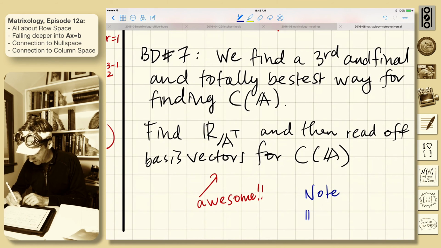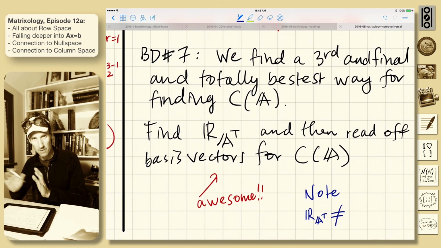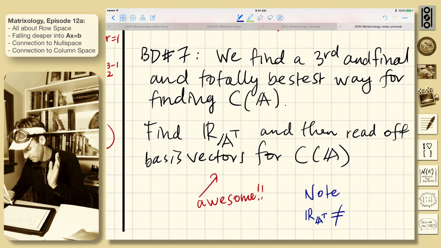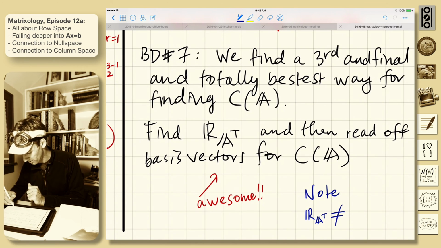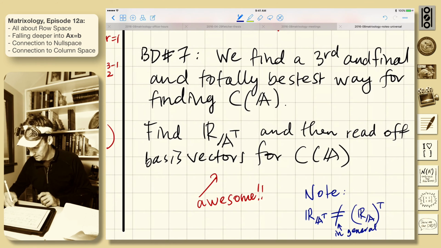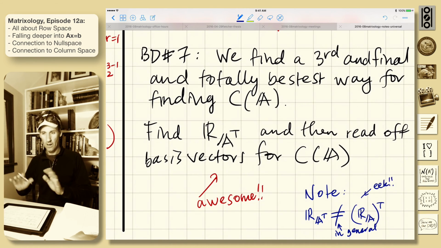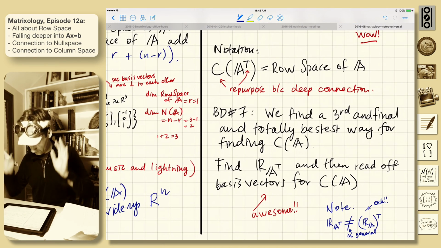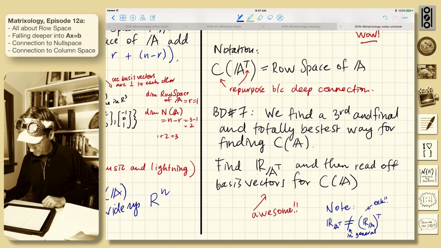The reduced row echelon form of A transpose is not equal, in general, to the transpose of the reduced row echelon form of A. That's bad understanding. It goes horribly wrong. So just don't do that.